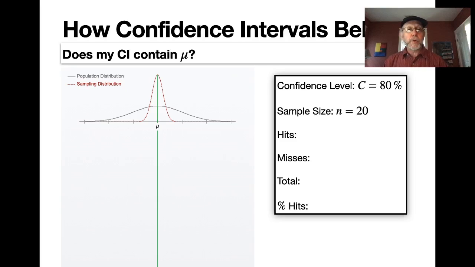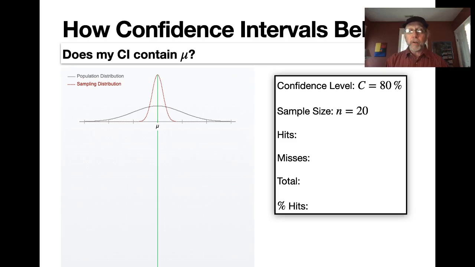The sampling distribution of X bar is shown in red, and it of course has a much smaller standard deviation because sample averages are less variable than individual measurements. What the app does is, at a press of a button, it'll take samples of the given size, so in this case 20, compute an X bar, and slap that margin of error around the X bar to form a confidence interval, just as we've done in our calculations.